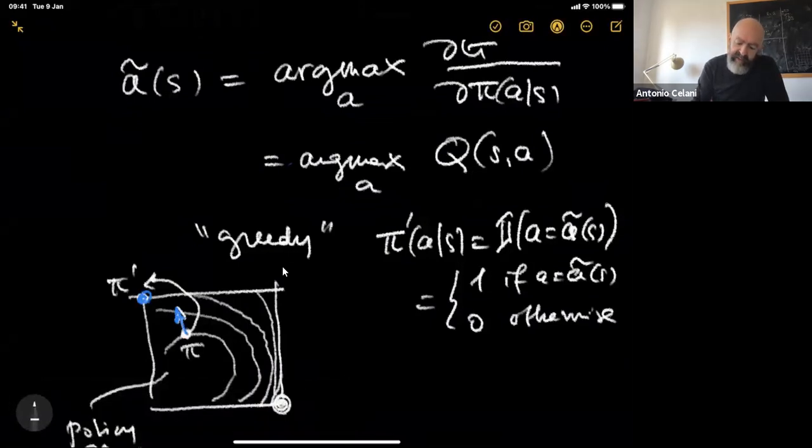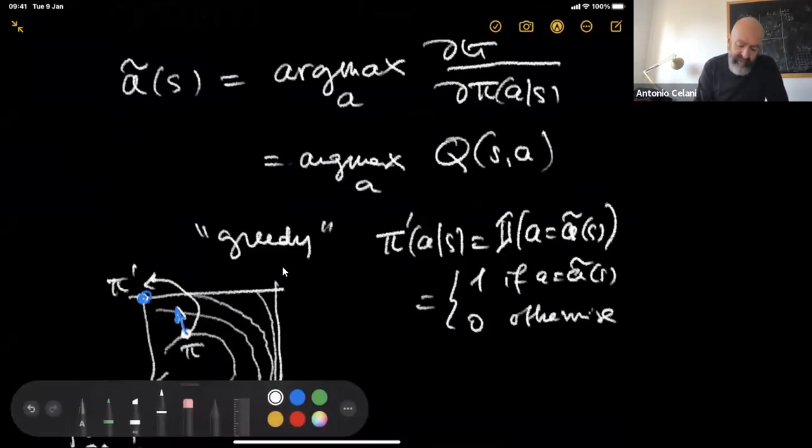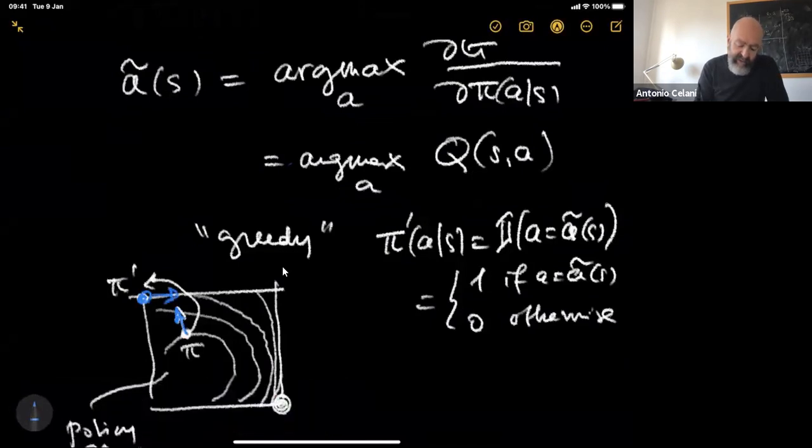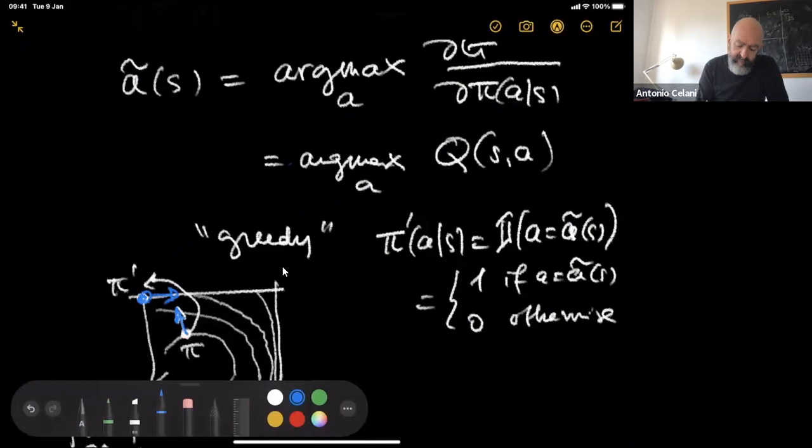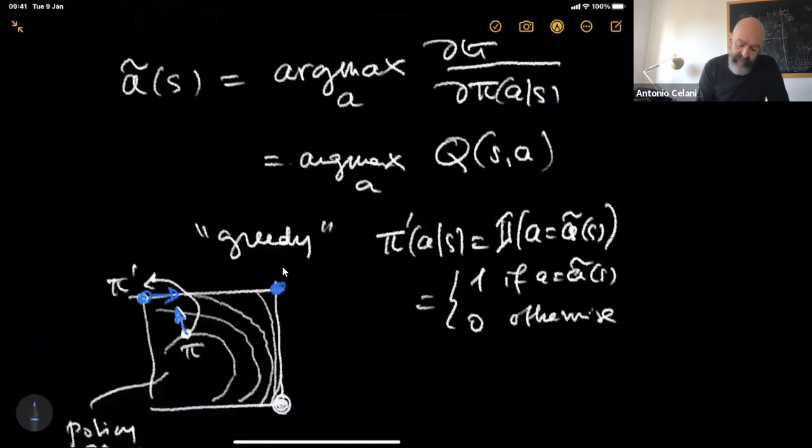And then if I repeat, now I'm going to evaluate my gradient in this new point here. So my new gradient will be pointing like this. If I follow that and repeat my operation, I will hop here. So my second guess will be here.